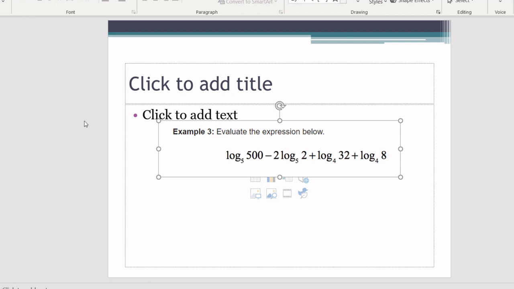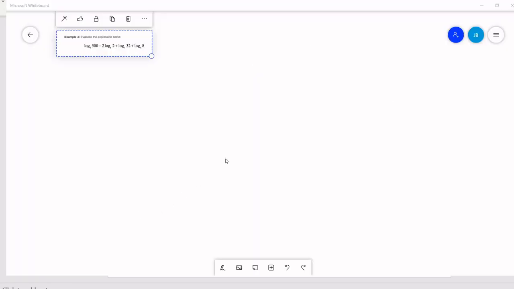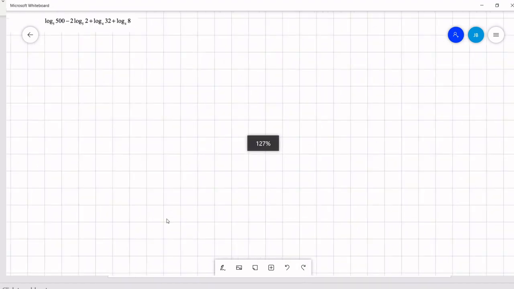Let me open the whiteboard. All right, so let us simplify whatever numbers we can simplify.